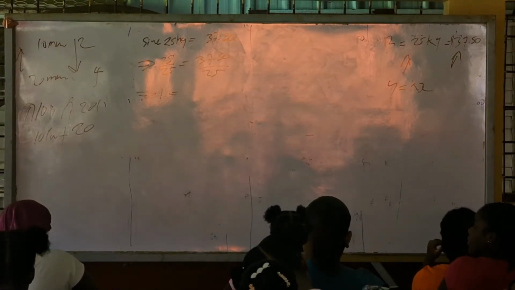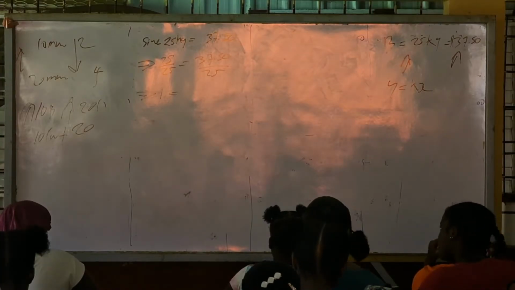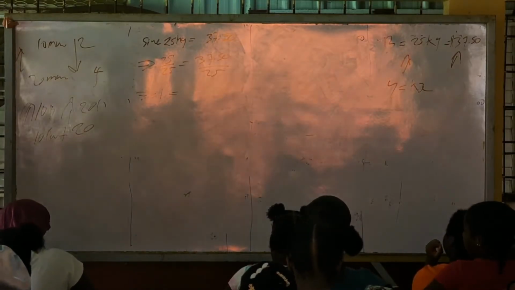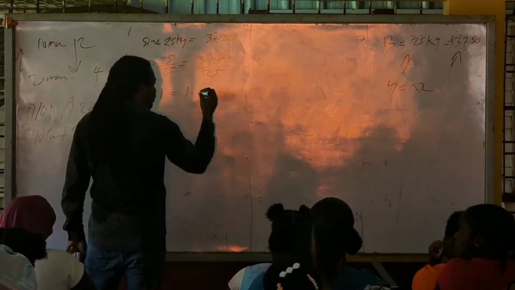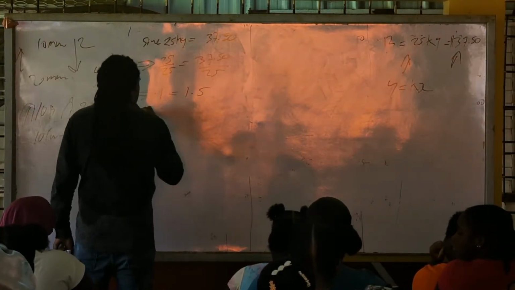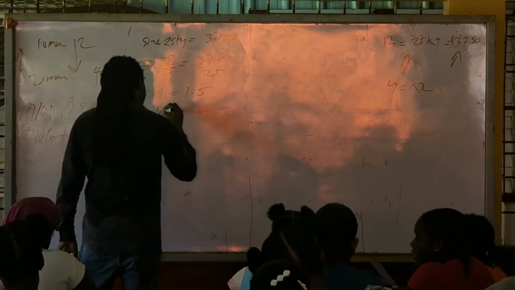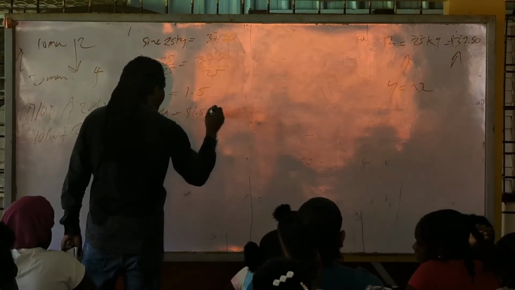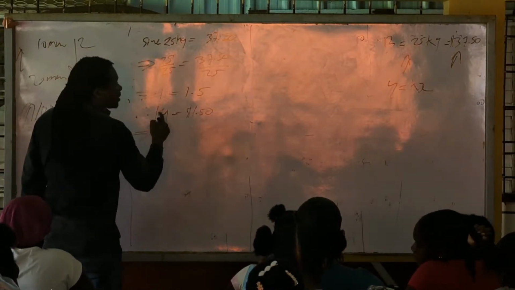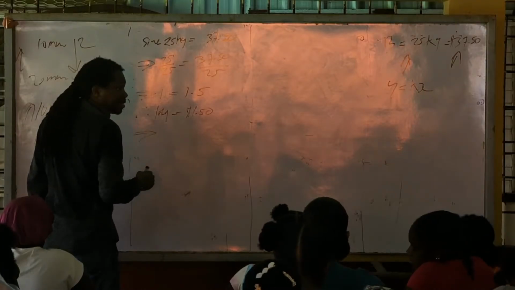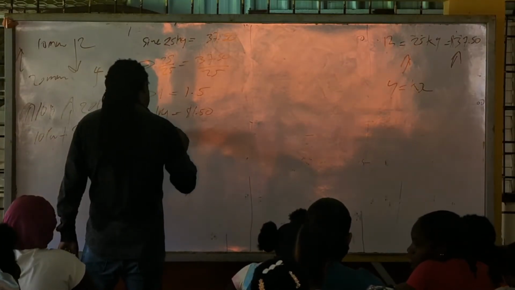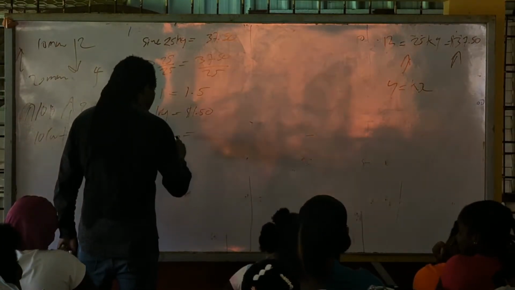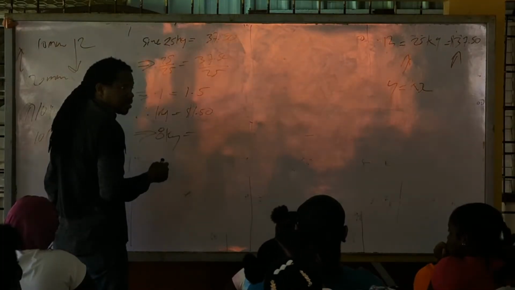Therefore, 1 kg equals $1.50. This implies how much is 8 kg? 8 kg equals what?